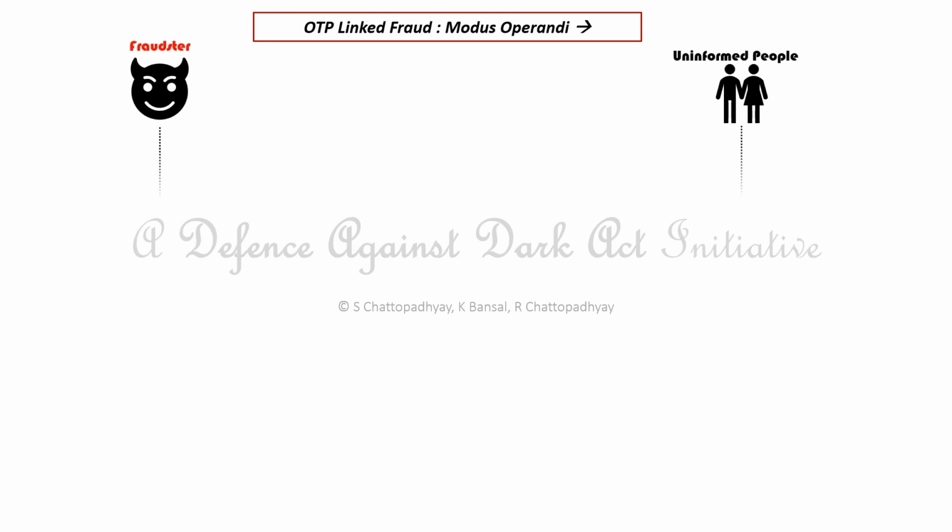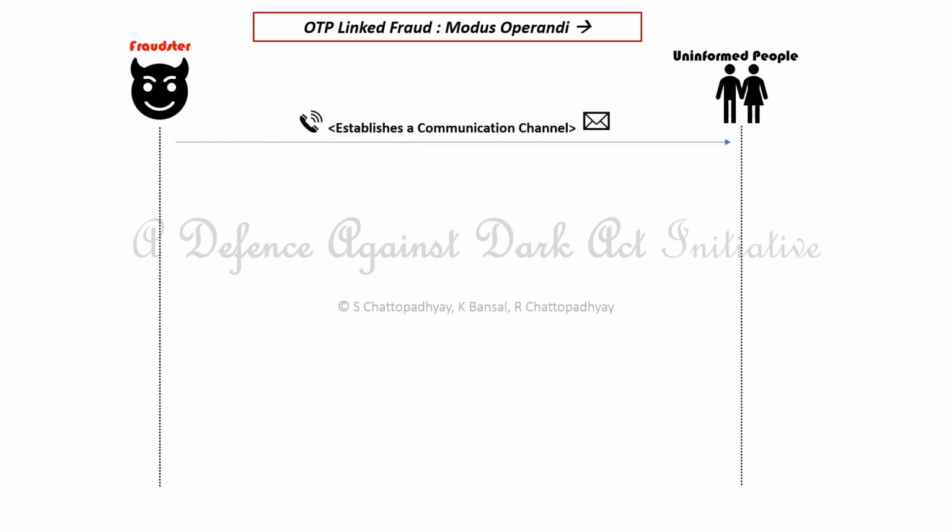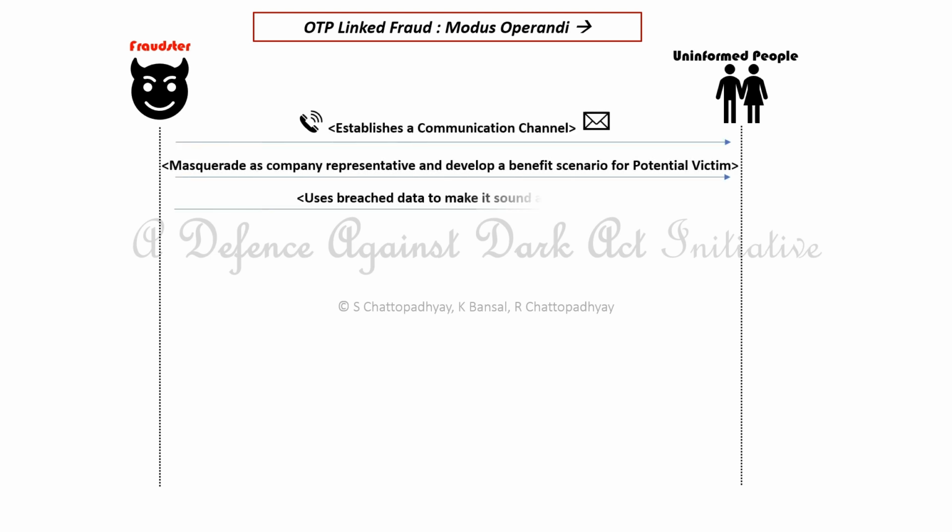So, the modus operandi is that the fraudster establishes a communication channel with uninformed people, and they masquerade as a company representative and develop a benefit scenario for the potential victim. There could be several benefit scenarios that they could develop, and we can have a quick round of discussion in the next slide to provide some examples.